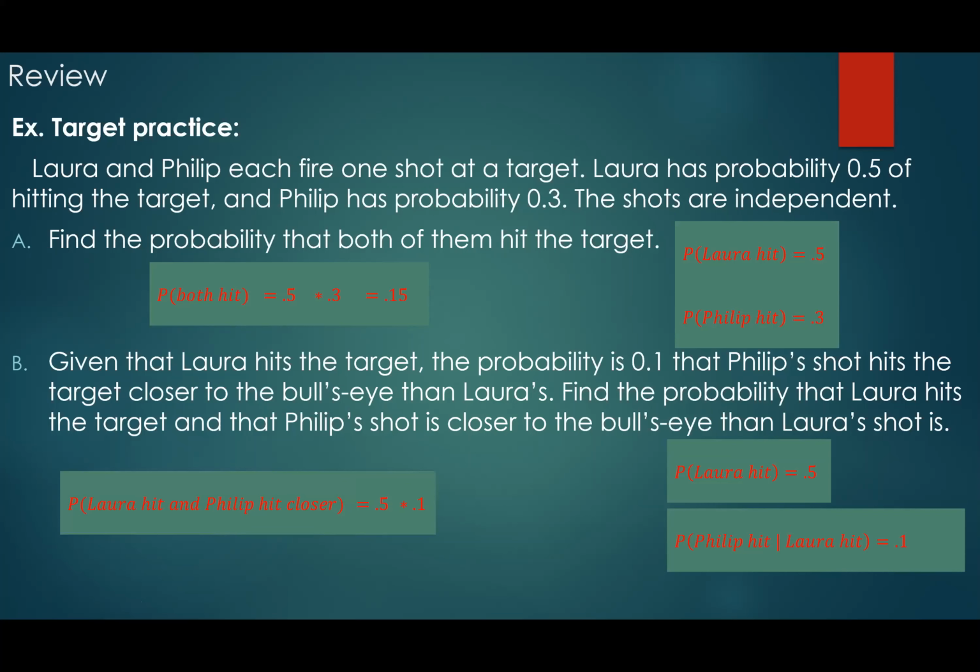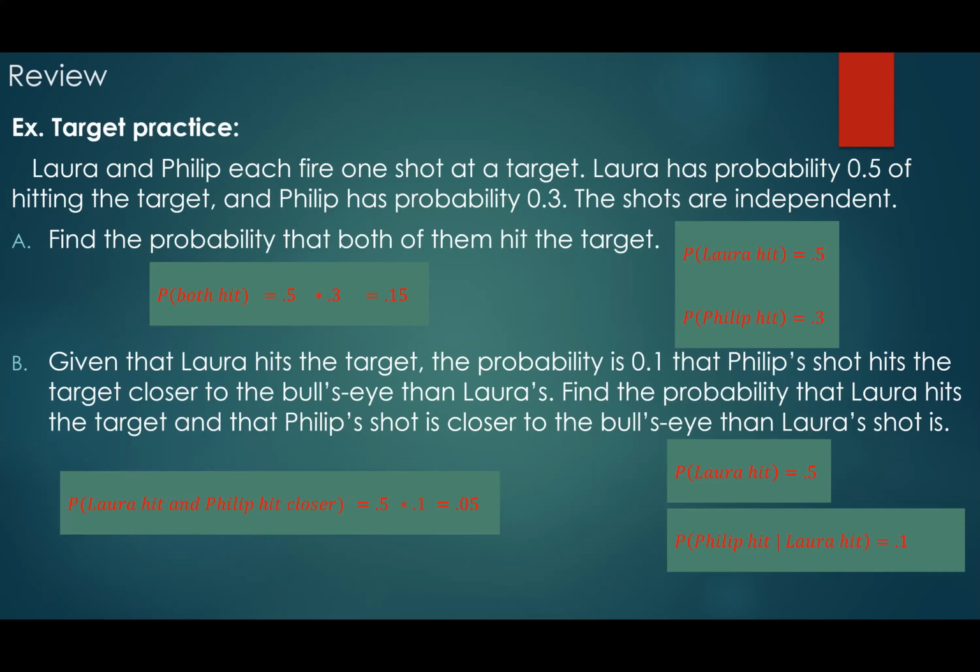It's just that now, because they give you a condition, that Laura hit first and Philip hit closer is 0.1, you just take the two probabilities and multiply. But to compare A and B: in A, they are independent. In B, they are dependent because the probability changed.